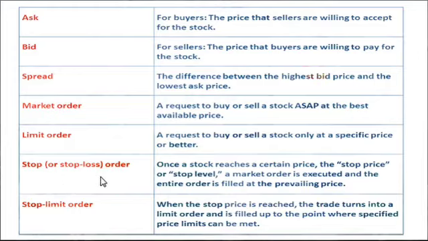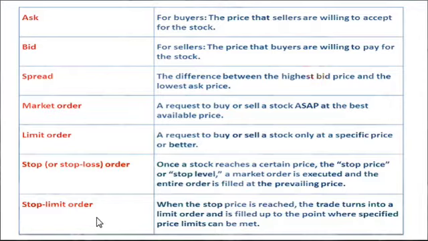In a stop loss order, once a stock reaches a certain price, the stop price or stop level, a market order is executed and the entire order is filled at the prevailing price. This order is given for the purpose of stopping the loss at a certain point. Coming to another category of order, the stop limit order.